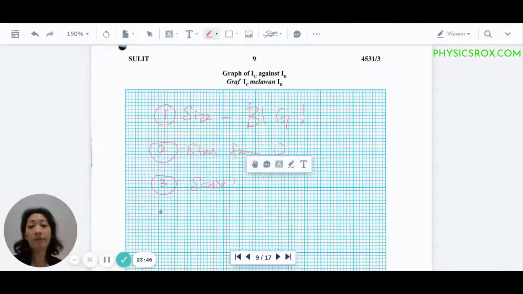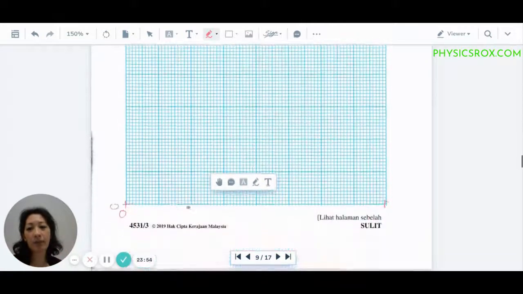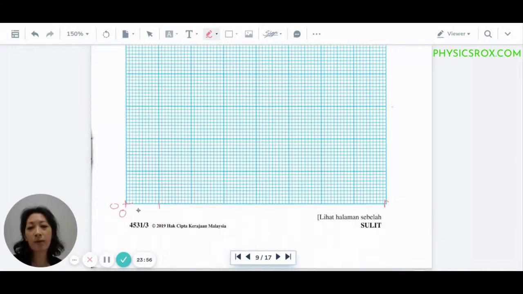The reason why we want a regular scale is because we want numbers that are easy to divide. Let me explain why. If we put up to 2, it's very easy to divide. You see, you've got 10 squares here, and each square is 0.2. So if you had to interpolate a value in between, it's very easy to get that point.